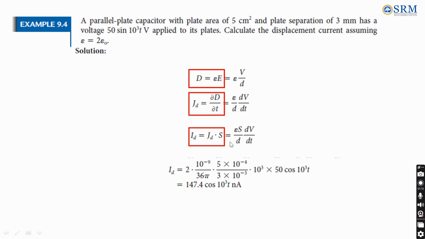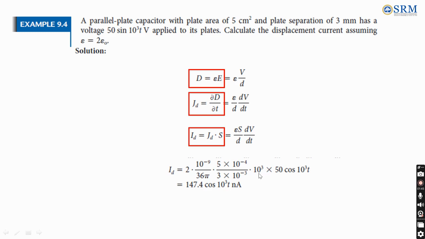I am going to substitute all the given data. 2 times epsilon naught, which we know is 8.854 into 10 power minus 12 farad per meter. One more approximation they have given is 10 power minus 9 divided by 36 pi. The surface area is 5 centimeters squared; centimeter means 10 power minus 2, and the whole square is 10 power minus 4. The distance d is 3 millimeters, so 3 into 10 power minus 3.